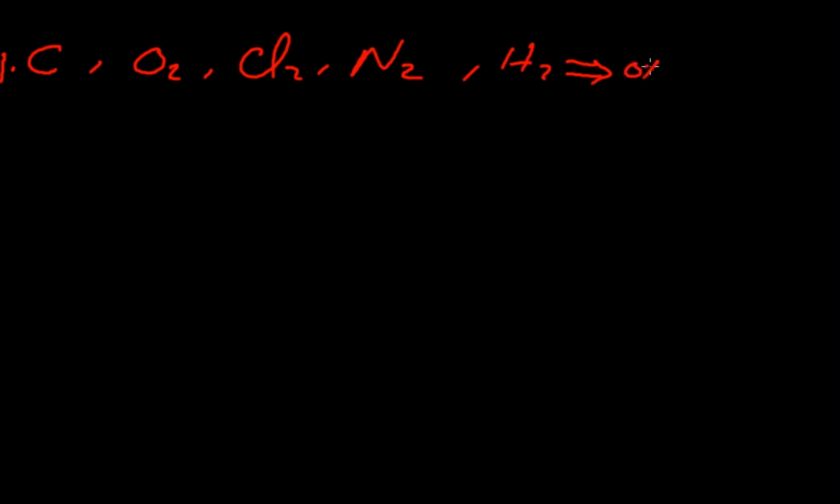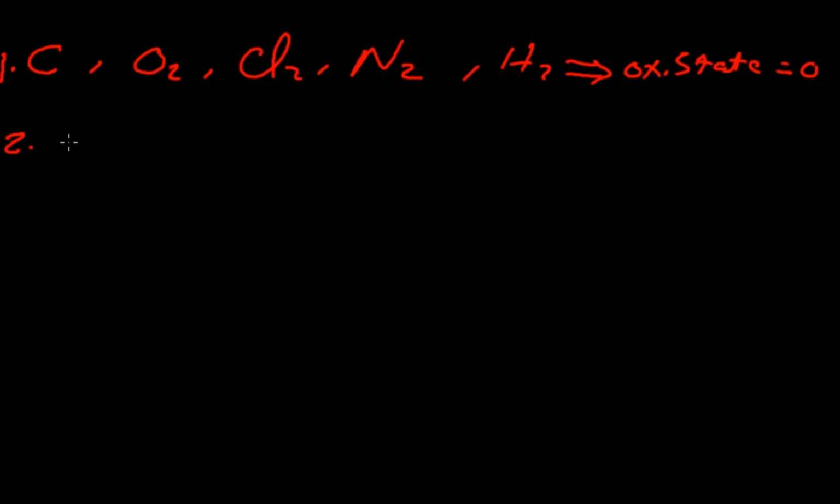For example, if you find in a reaction something like pure carbon or a pure oxygen molecule or chlorine gas or nitrogen gas or hydrogen gas, like a molecule in its pure form, then the oxidation state is equal to 0.